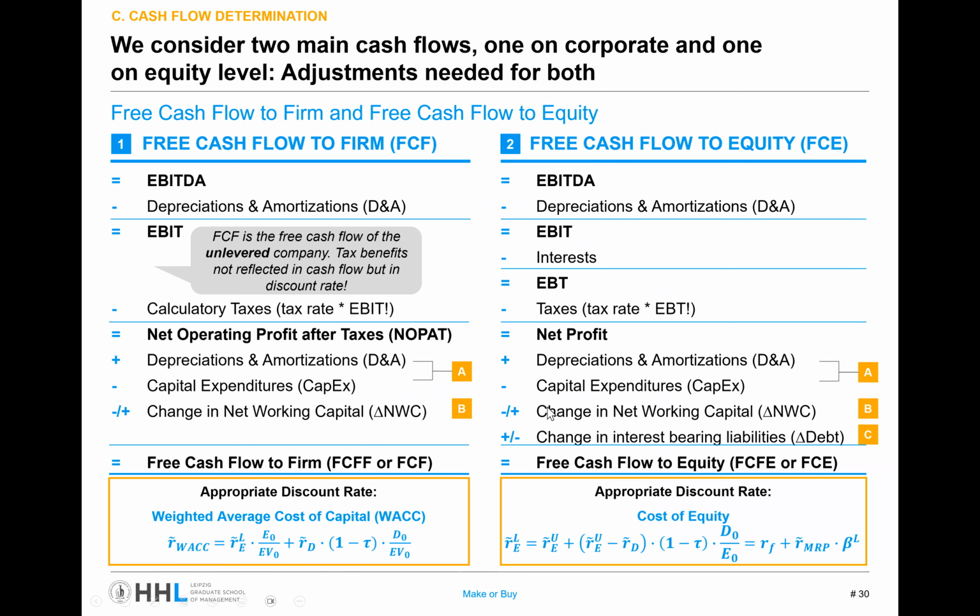The second thing is change in net working capital. And that's probably the one thing where you may want to have a look at the supporting slides. The change in net working capital describes everything that you need to run your operations on the balance sheet. Sounds maybe weird, so I try to give 3 examples. First one is your inventory.